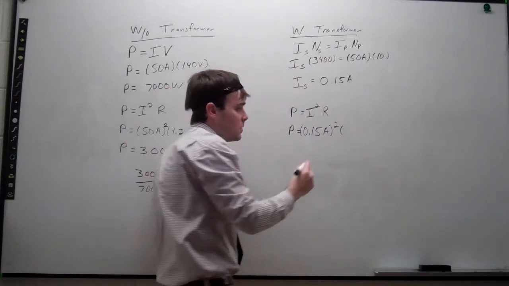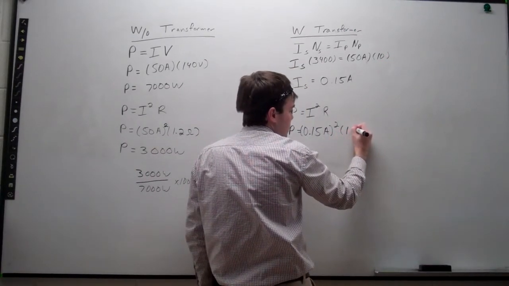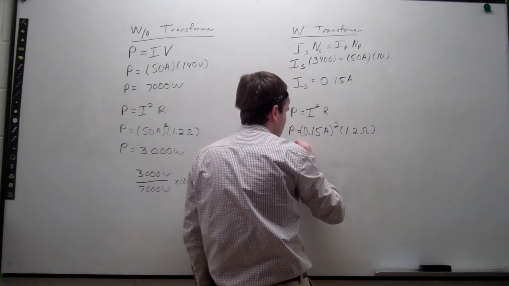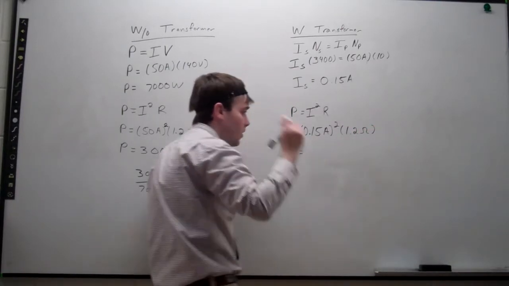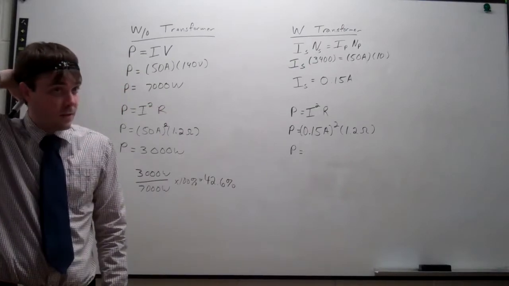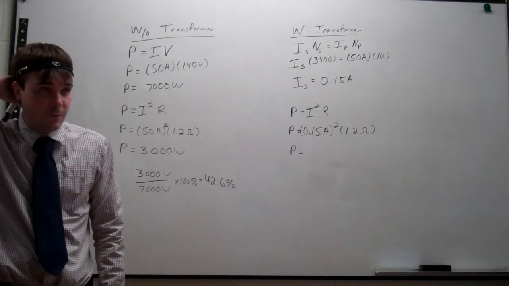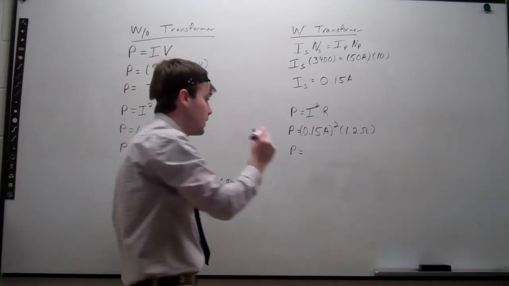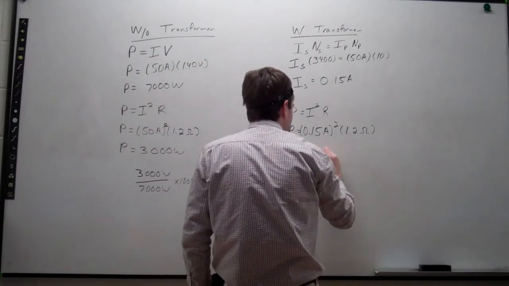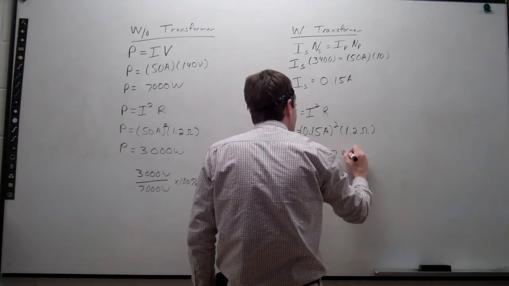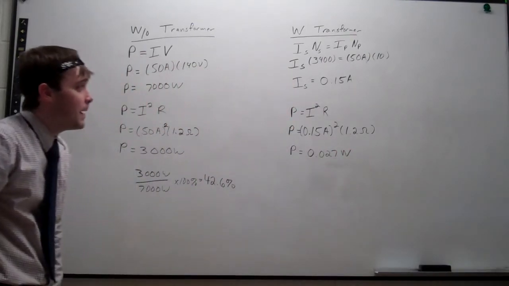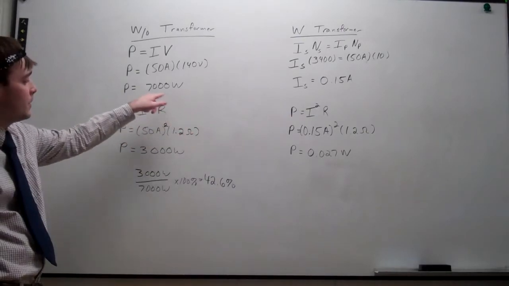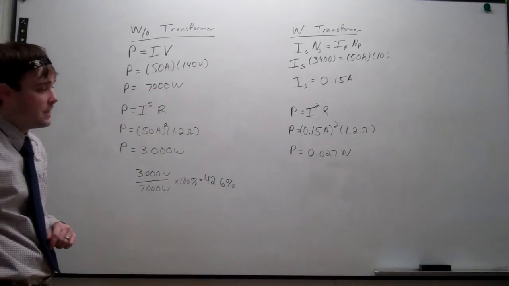What's the resistance? 1.2? So what's the power lost when it has gone through the transformer? 0.027? All right, so that's a very tiny power loss. So now I do that number divided by 7,000 times 100%.